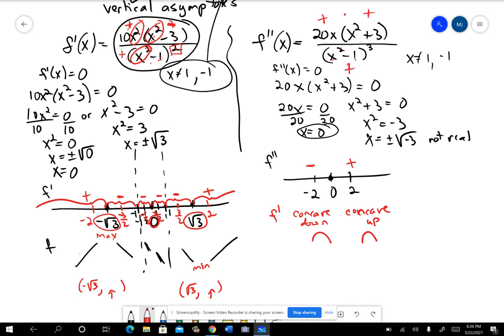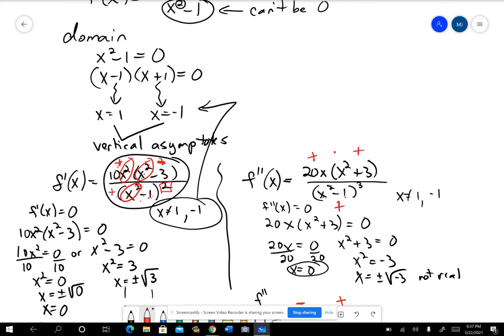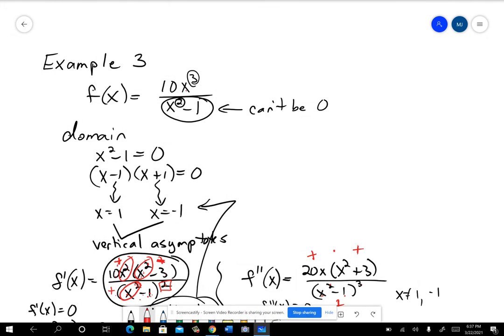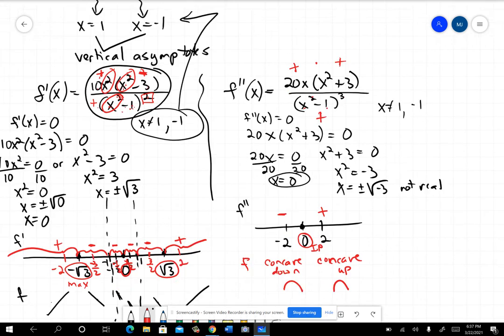And when your function, and that's not f prime, that's f, changes from concave up to concave down or vice versa, you know that this right here really is an inflection point. So that is an inflection point. So we're going to want to know what corresponds with it, but we already know. If you plug in a 0 for x in the original function, you're going to get a 0 on top and not get a 0 on the bottom.